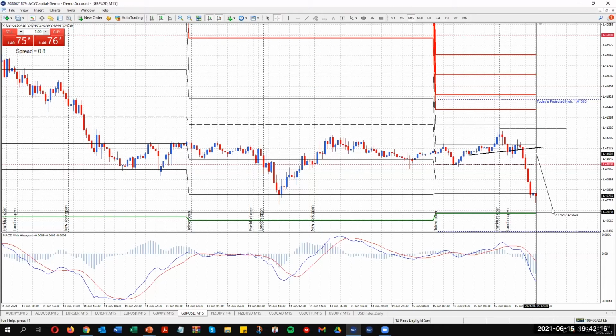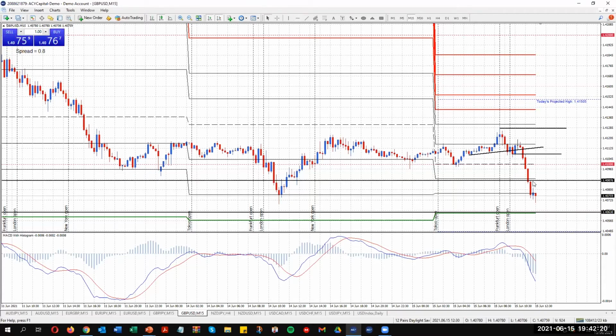But if my level of support was here, where I'm risking 23 pips on the trade and there's only 20 pips before I get there, I wouldn't take the trade. All right, hopefully that's making sense to everybody.